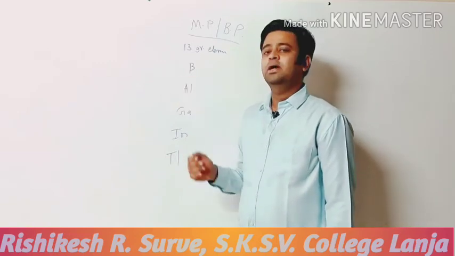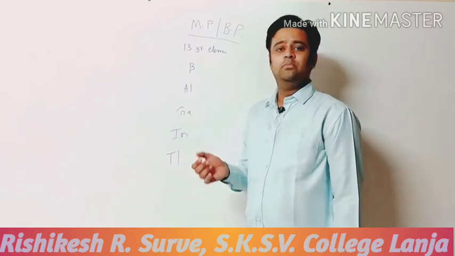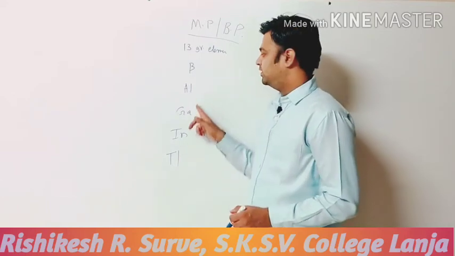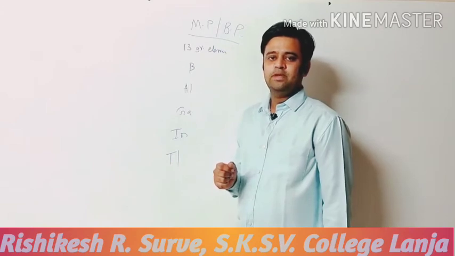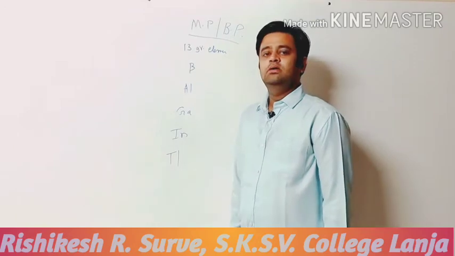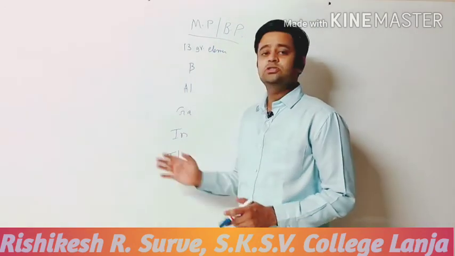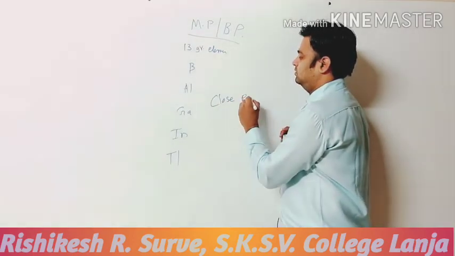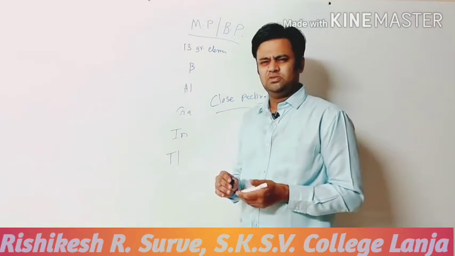Definitely boron has a high melting point. The melting point from aluminium to indium goes on decreasing because all these other elements show close packing. They have a close packing structure. What is close packing?